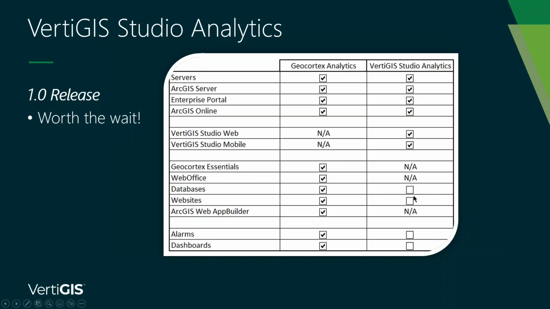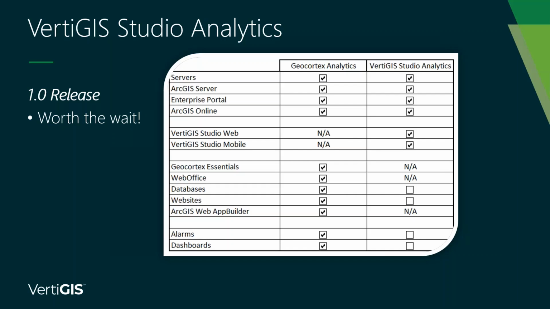We still have a little bit of work to do to get the databases stuff working. And really the one to call out here is alarms. That is the very next thing on our list, is to start working on alarms functionality for VertiGIS Studio Analytics. But what it does today, it does very well, and I think you will very much enjoy it.